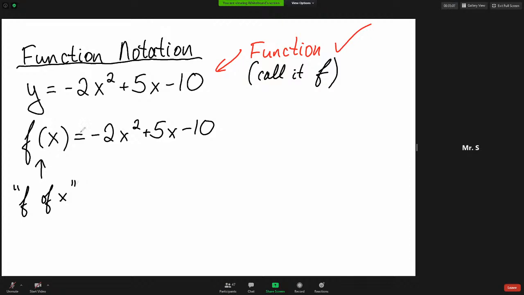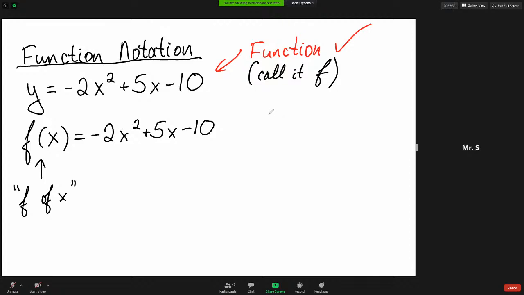And then after the equal sign, we have basically the stuff that tells us what to do with the input. So in this case, we are going to square the input. We're going to multiply the result by -2. Then we're going to add 5 times the input, and we're going to subtract 10 from the result, right? That's what this function does.